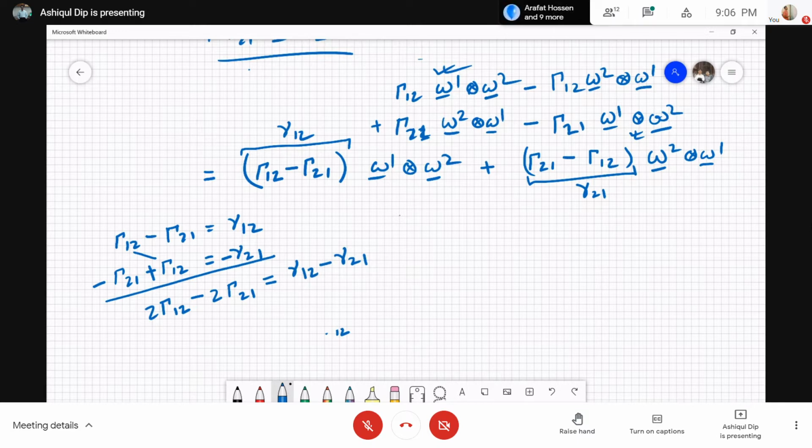Okay. So using again the symmetry property, we can actually have twice gamma 1 2, like that. So basically the only independent relation here is this gamma 1 2 minus gamma 2 1. It has to be equal to gamma 1 2, like that.